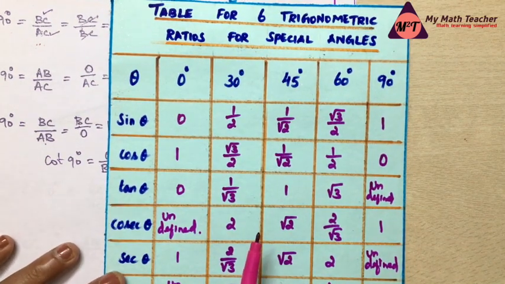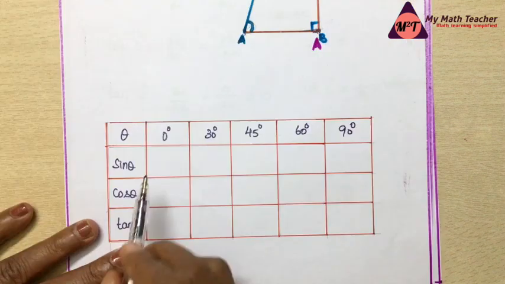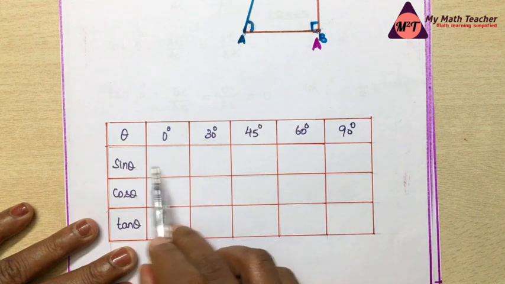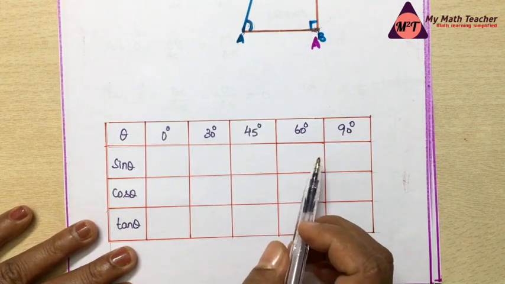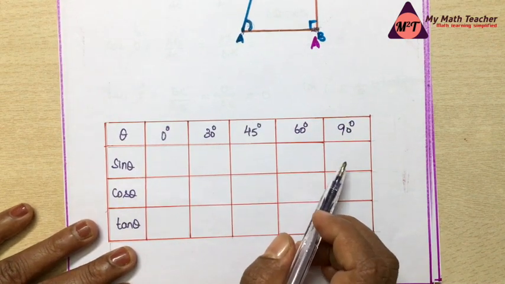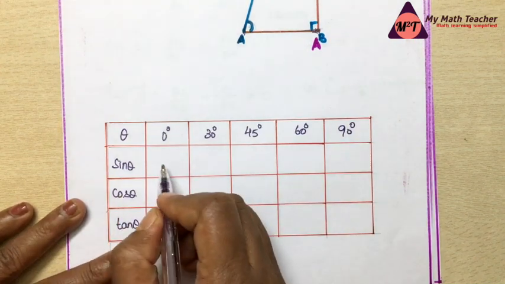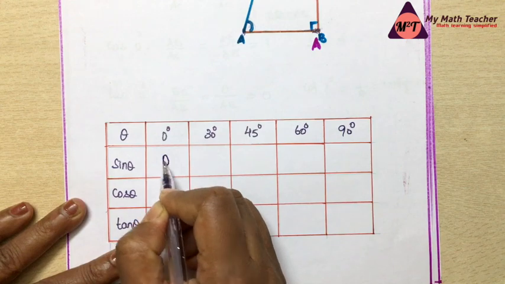There is a very simple, easy shortcut to remember all the values of these 6 trigonometric ratios. Let us see that. You have to first remember all the sine angles. If you remember only the sine angles, from that we can find all the trigonometric special angles. Sine 0 is 0.